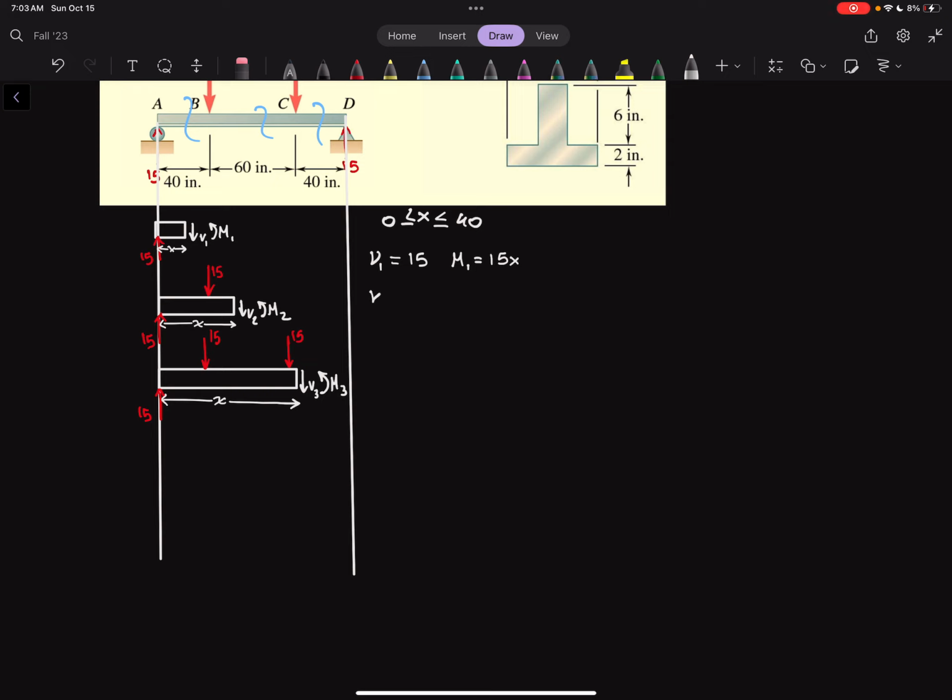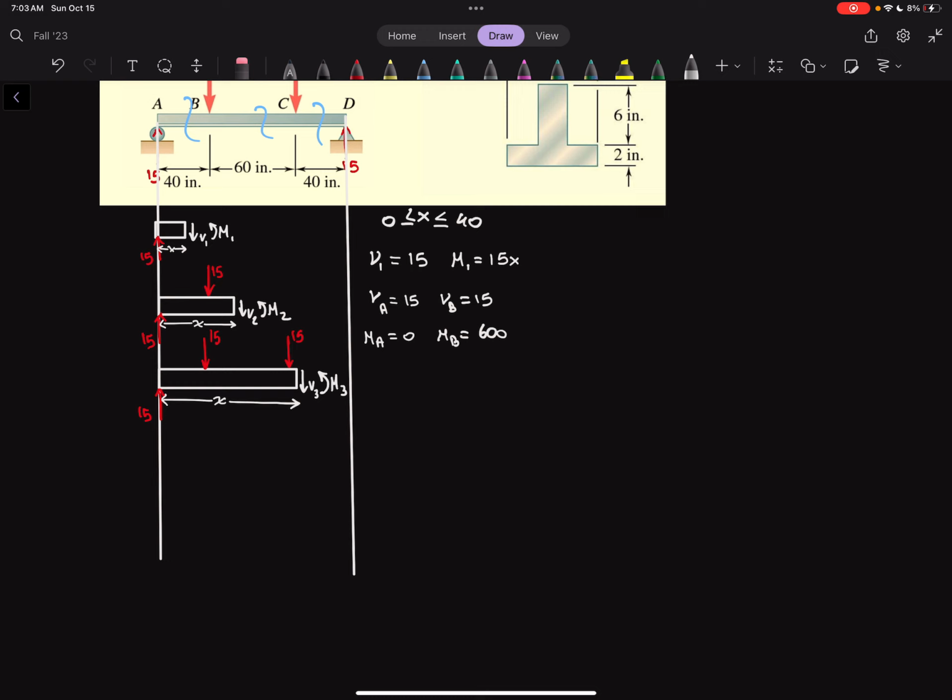And so we have V at A is going to be equal to 15. V at B is going to be equal to 15. M at A is going to be 0. M at B is going to be equal to 15 times 40, for which I need to get my calculator out. So give me a second. 15 times 40. I did not need my calculator for that. 600.